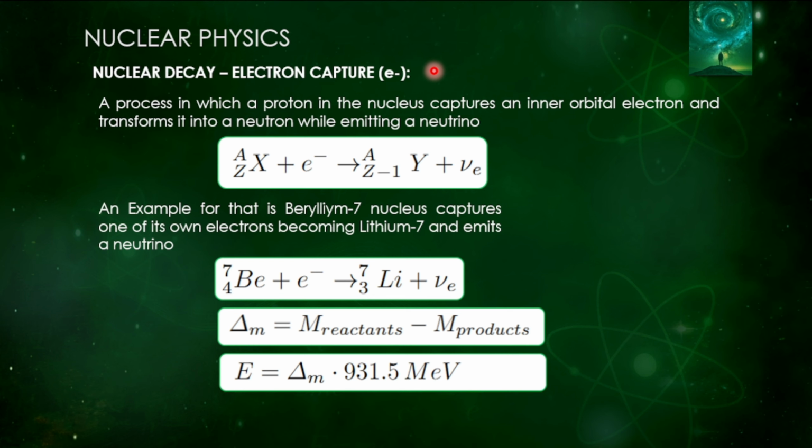Electron capture is a process where a proton in the nucleus captures an inner orbital electron, transforming it into a neutron, while emitting a neutrino.